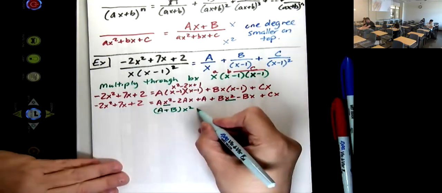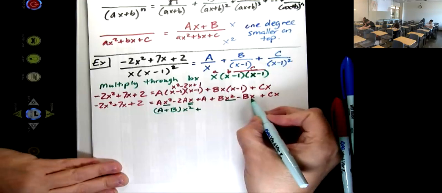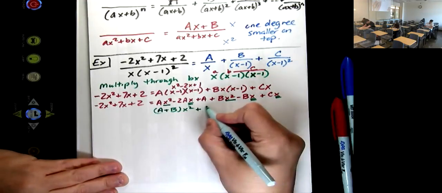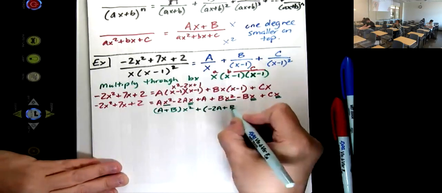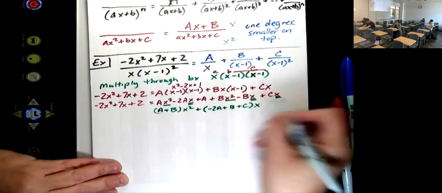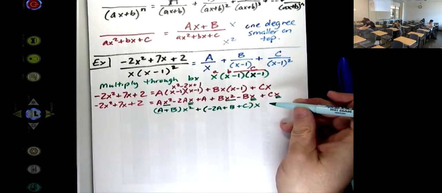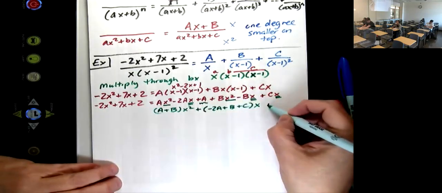Then I'm going to do my x's. I have x's there, there, and there. I've got negative 2a plus b plus c, times x. And then for the constant, all I've got left is a.